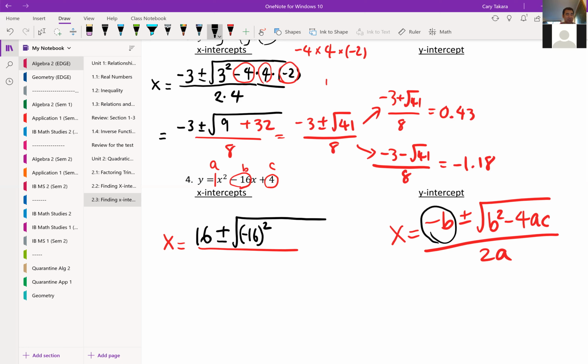It should be a positive answer, isn't it? Because negative 16 times negative 16 is a positive number. So you have to put brackets around it. Otherwise, the calculator will give you a negative value, which is a wrong answer. Minus 4AC over 2 times 1.